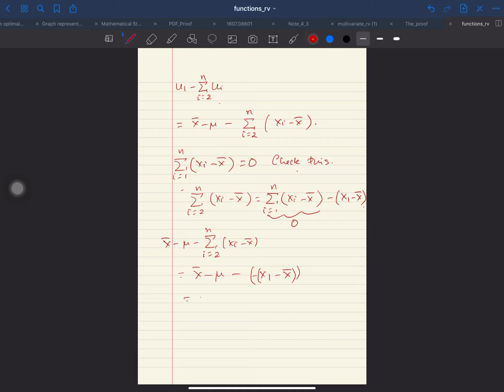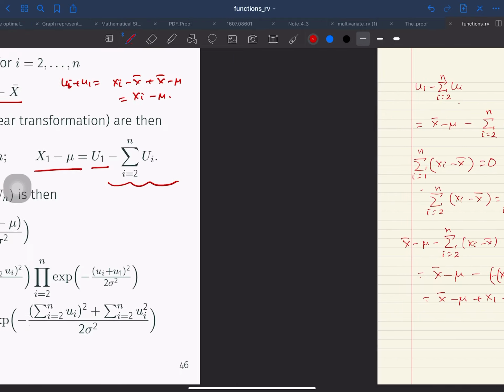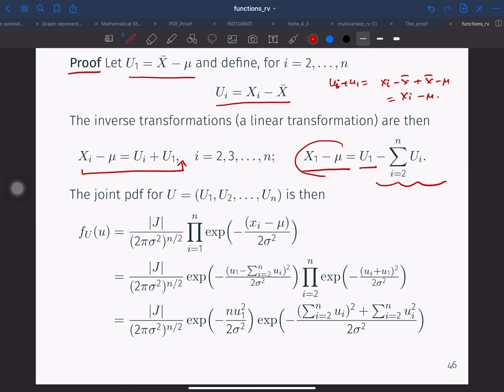And so that is x bar minus mu plus x1 minus x bar, which is x1 minus mu. So that's what we claimed here: x1 minus mu is u1 minus the sum of the ui.